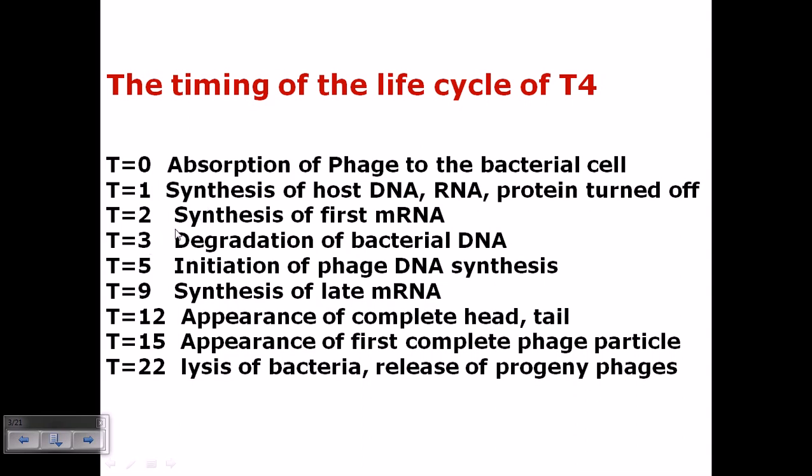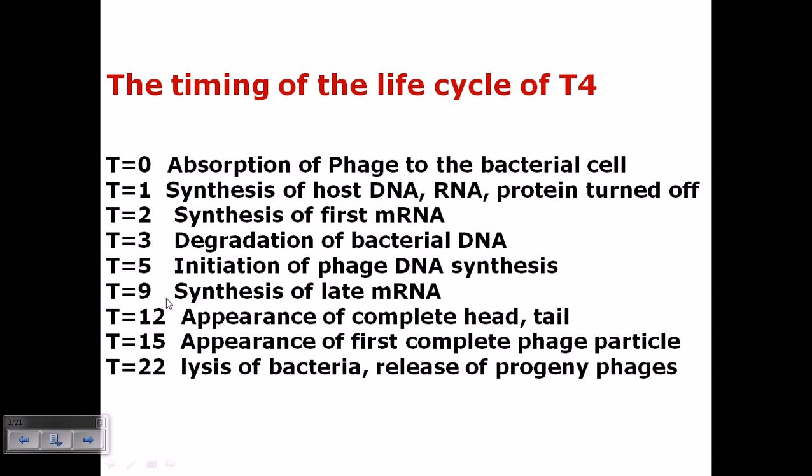Now at T2, it synthesizes the first mRNA, and at T3, degradation of the bacterial DNA occurs. After that, at T5, initiation of phage DNA synthesis begins, and after that at T9, synthesis of late mRNAs, which are required for the synthesis of structural proteins, occurs. After these structural protein mRNAs are produced, translating them we get the structural protein products.